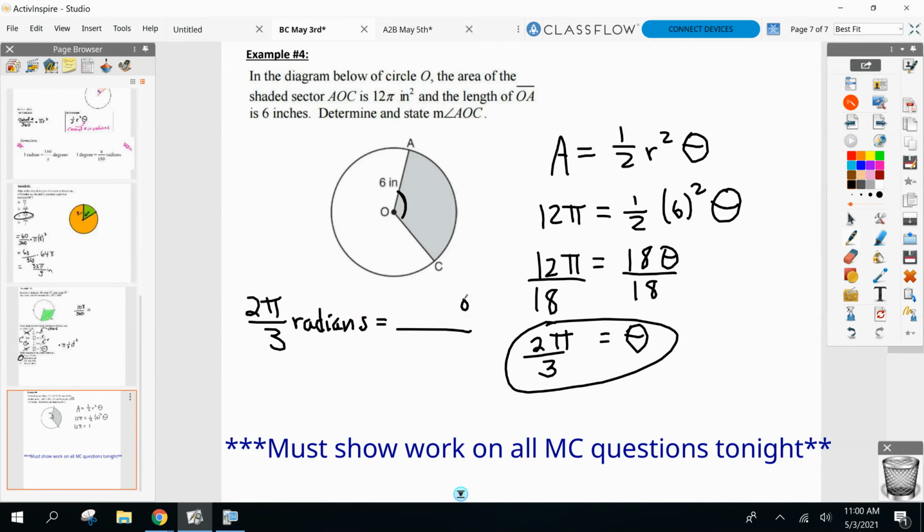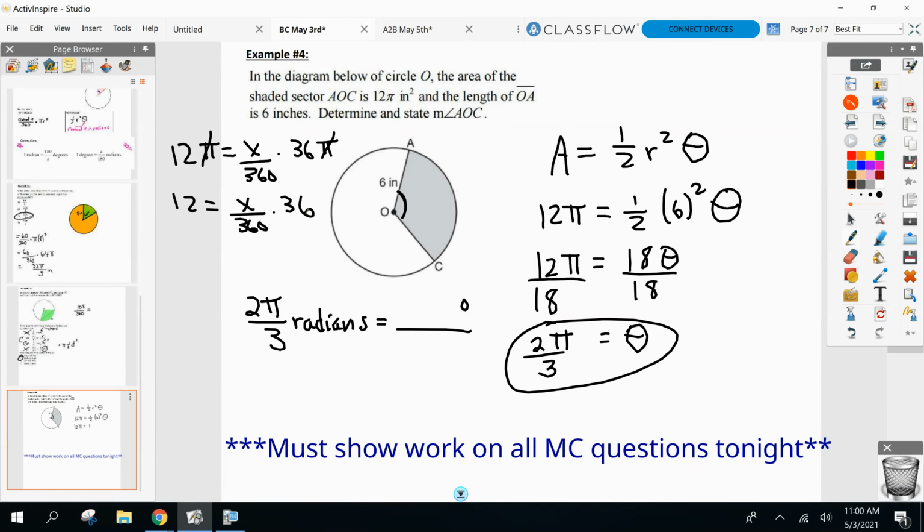How'd you get 20? You did 12 pi equals x over 360 times 36 pi. So the pi's cancel, right? You get 12 equals x over 360 times 36. I had multiplied 36 with the fraction before canceling pies.